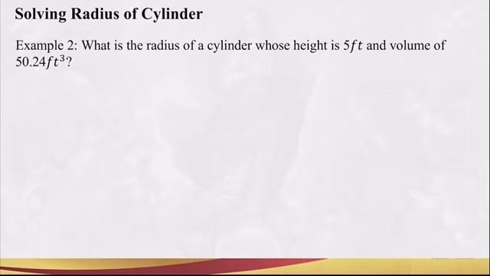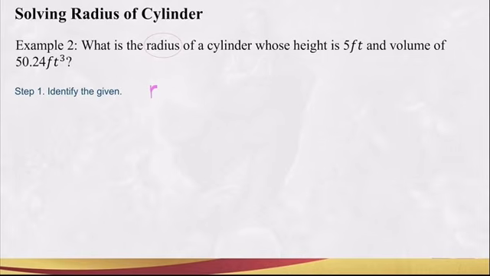Okay, now let's proceed to example number 2. This time, we are going to find the radius. What is the radius of the cylinder whose height is 5 feet and volume of 50.24 cubic feet? Step number 1 is you identify the given.